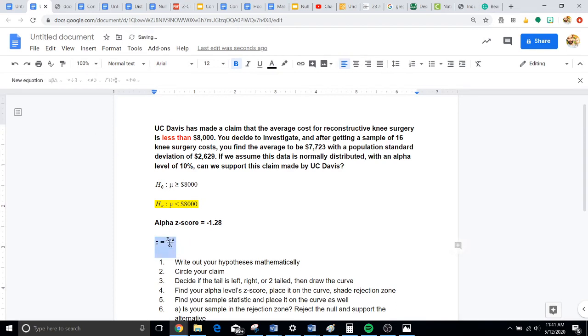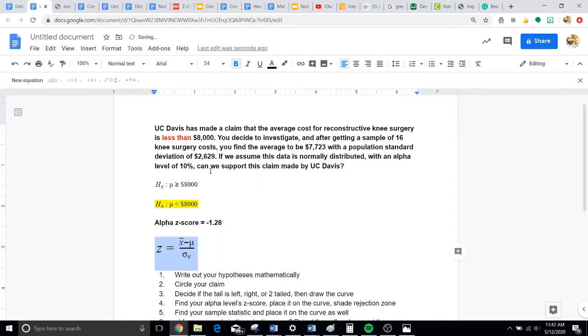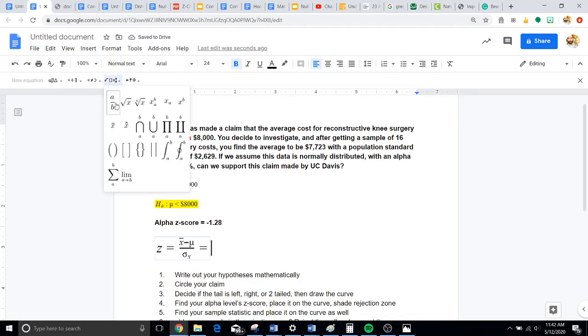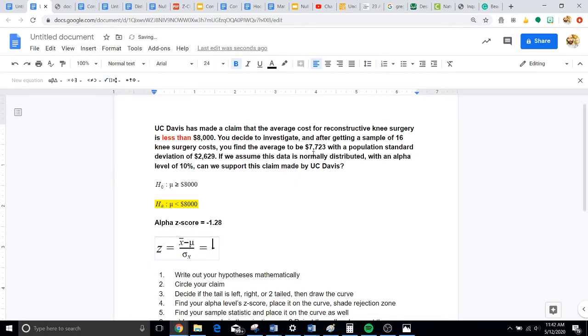So what we need to do now is find our x bar, our mu, and our standard error. Well, we said that x bar is our sample average, and our sample average that we collected was 7723.